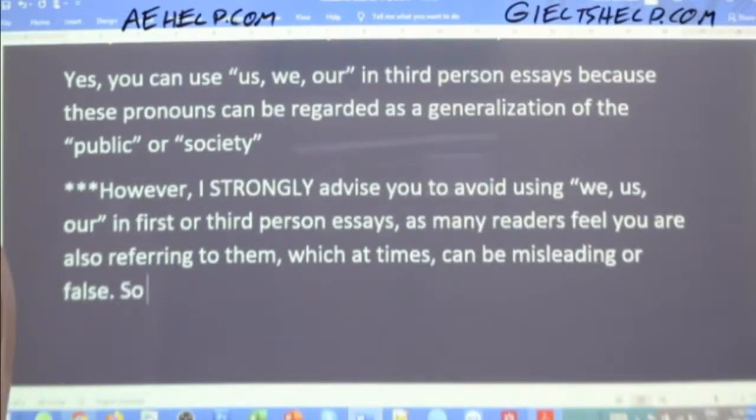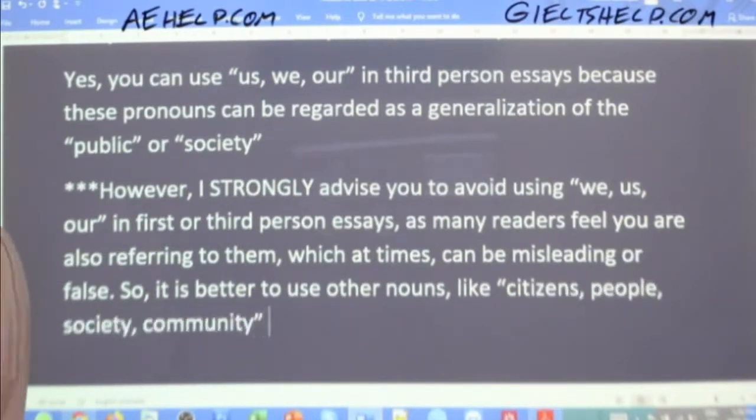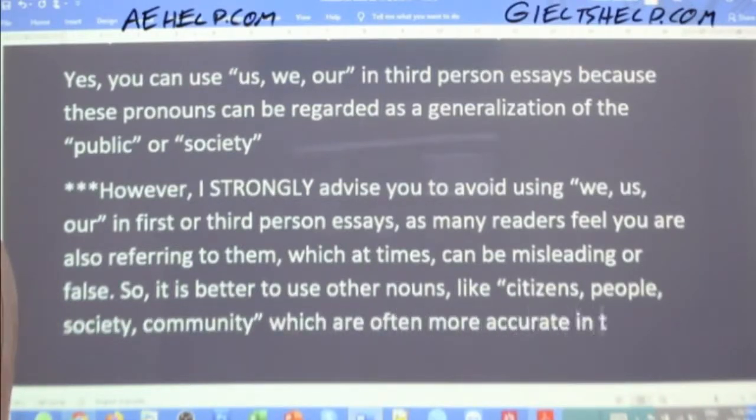So, it is better to use other nouns like citizens, people, society, community. Okay, there are lots of other nouns that are often more accurate in the context.